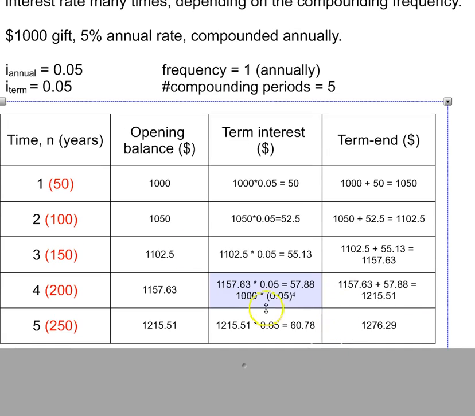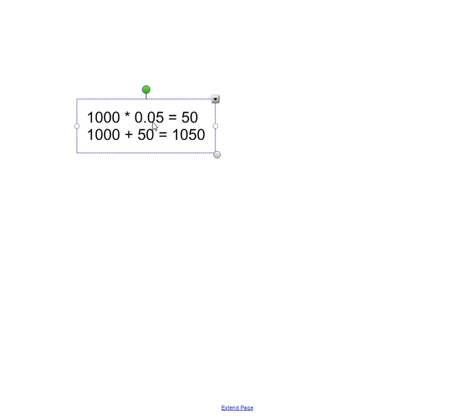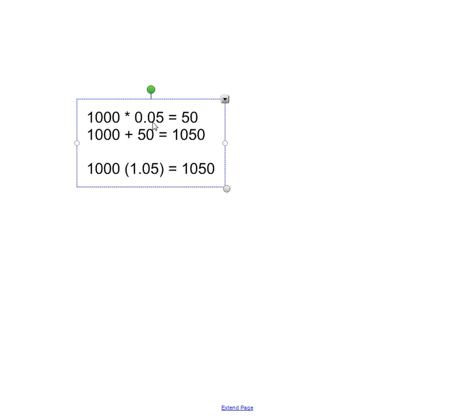So for example, in math we can sometimes do things a little bit more directly, and what I'm talking about here is if you were to multiply, say, 1,000 times 0.05 and get 50, and then you were to take the 1,000 and add 50 to get 1,050, the more direct way to do that would be to multiply by 1.05, which would just give us the 1,050.